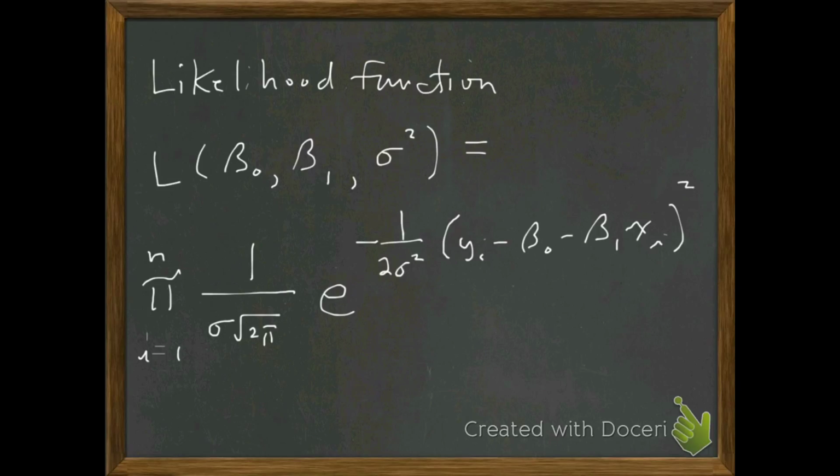All right, guys. Clearly, we can clean all this up. Take the product of all the stuff on the bottom, so we get 1 over 2 pi sigma squared to the n over 2, e to the minus 1 over 2 sigma squared.